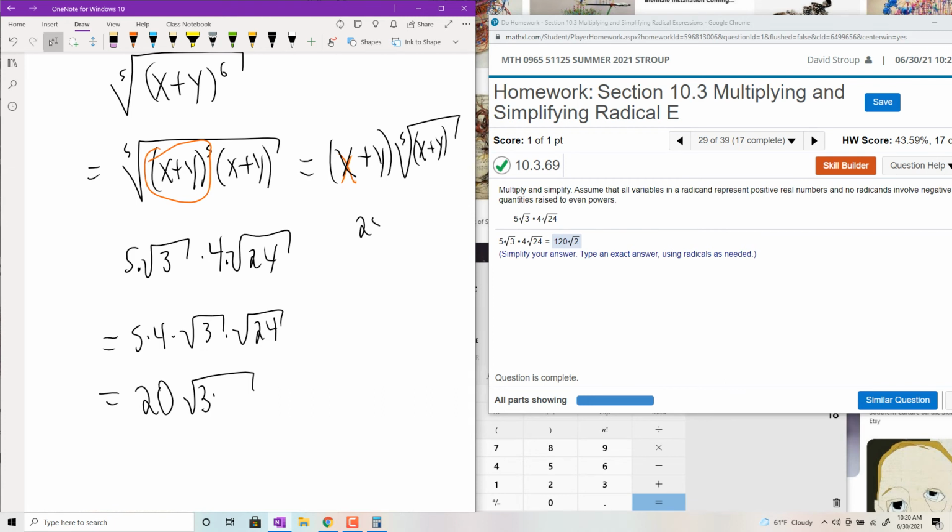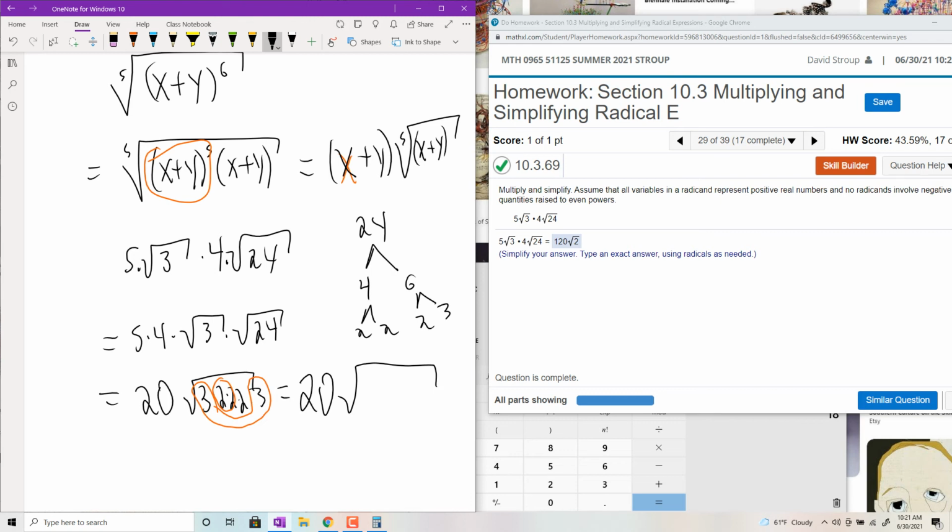Let's rewrite that though so we can see the perfect squares. So 24 is the same as 4 times 6, so we get 2 times 2 times 2 times 3. And then you could kind of group the perfect squares together. So there's 9, and then there's 4. Okay, so let me rewrite it so you can see that.